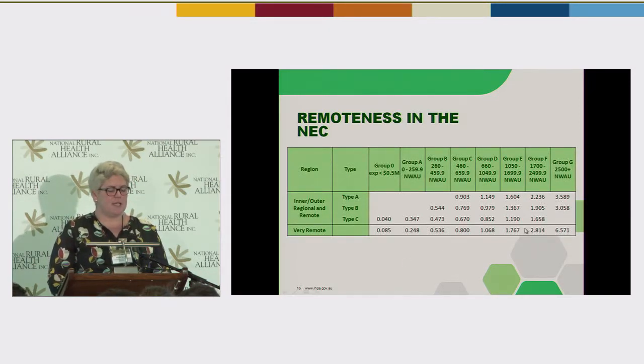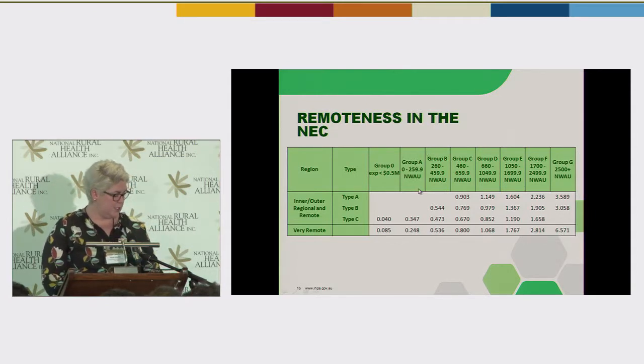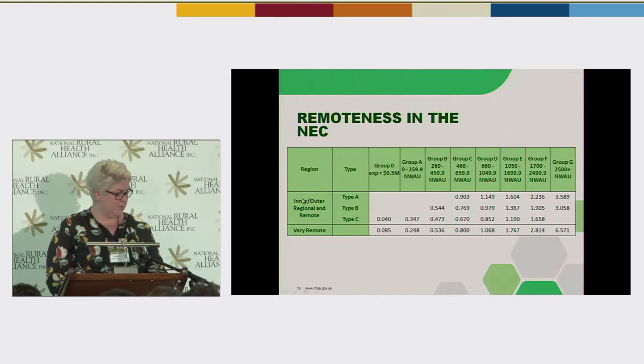So this is just how we classify hospitals within the National Efficient Cost model. Here we've got those three RA categories, inner and outer regional and remote areas, and then we treat the very remote hospitals differently. We've got the three types here.